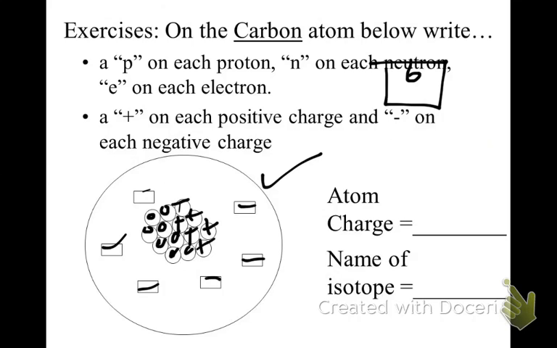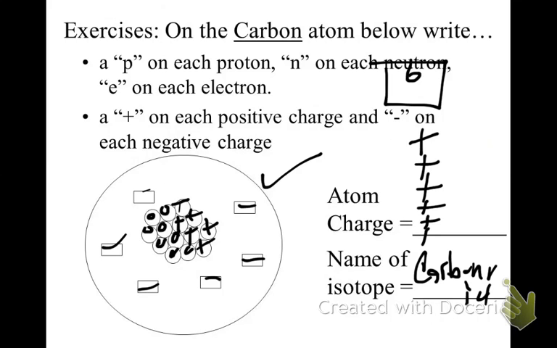And so what you'll do is you'll say, okay, I know what this is. This is a carbon, because, well, I told you it was carbon, and the protons and neutrons in the middle add up to 14. So this is carbon 14. Okay. The charge on the atom is how many pluses you've got, 1, 2, 3, 4, 5, 6, minus the number of minuses you've got.